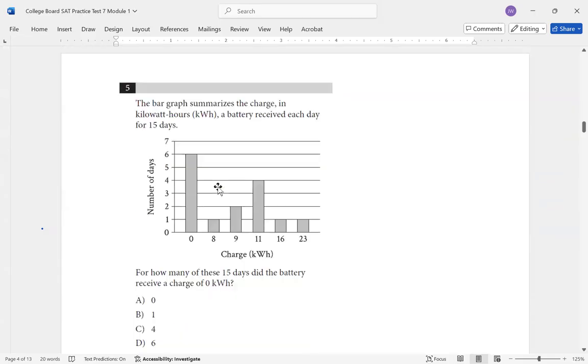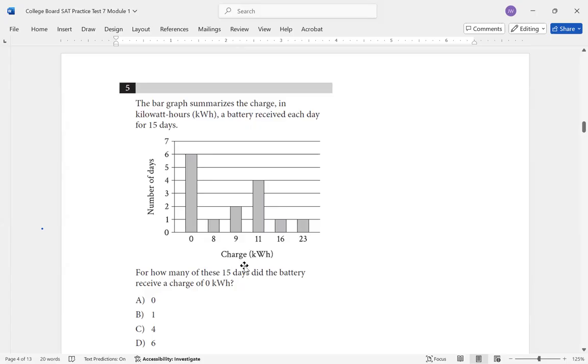Question 5. The bar graph summarizes the charge in kilowatt hours a battery received each day for 15 days. How many of these 15 days did the battery receive a charge of 0 kilowatt hours?